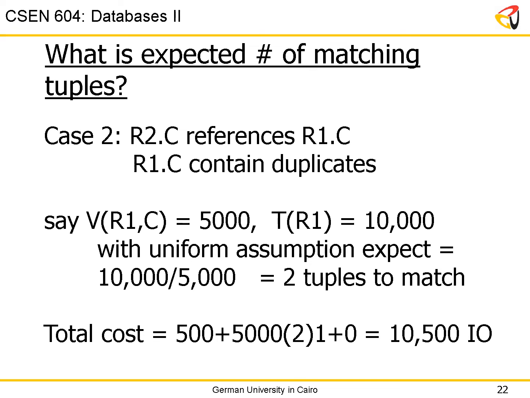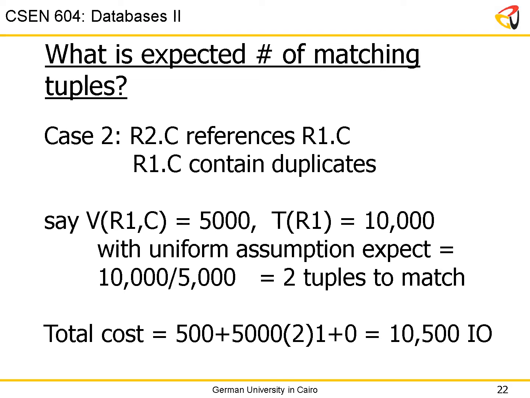So if we are told that the number of unique values in R1.C is 5,000, and we know that R1 has 10,000 tuples, 10,000 rows, but 5,000 unique values, then with the uniform distribution assumption, I expect that every time I go to the index and ask for a match, I'm going to get back 2 matches. Okay? And then I will have to read the 2 pages that have these 2 matches to include them in the result set.